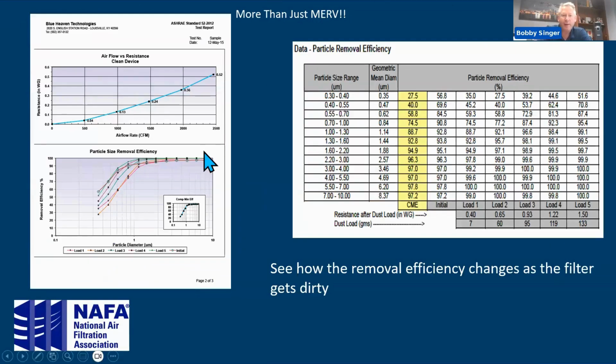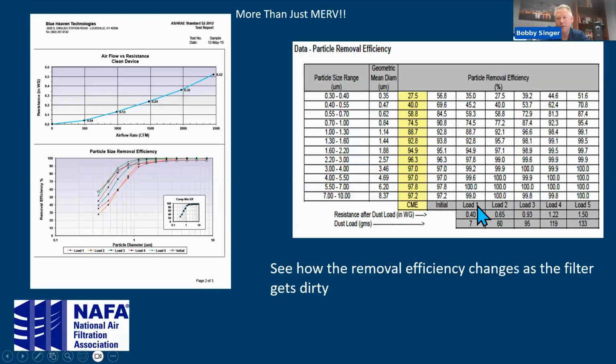Okay, this would be our graph page, which shows, as I mentioned, the pressure drop curve of that clean filter. That's what this would look like. And then the efficiency measurements at those different dust loading points graphed. And then in table form, you can see the size ranges, those 12 ranges that we mentioned. And then your initial efficiency. So this was the removal efficiency of the filter clean.